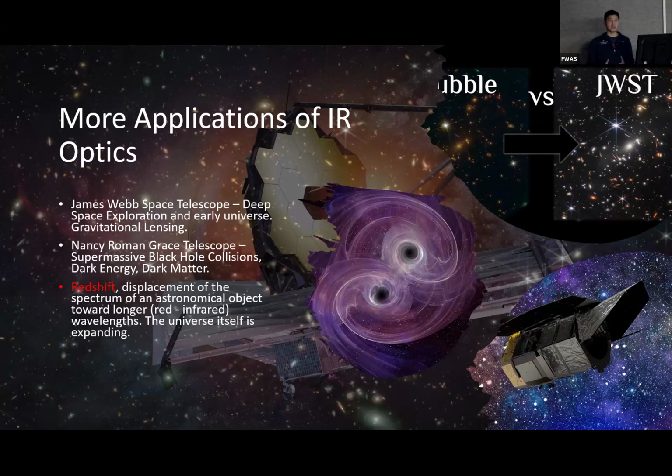The actual fabric of space-time is stretching too. The universe is expanding, so if light is traveling a long distance, its wavelengths are going to expand as well. So something that starts off as, say, an X-ray over light years may come to your eyes as infrared, and that's why we need these infrared optics, because they can see things that our eyes can't, even over long distances.